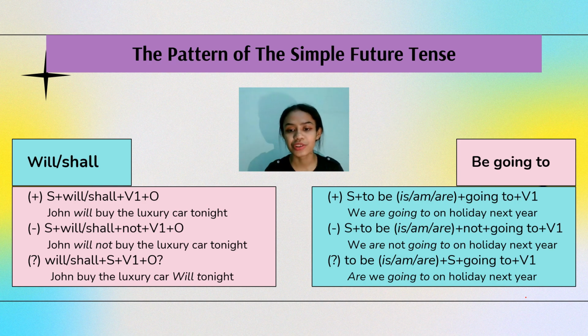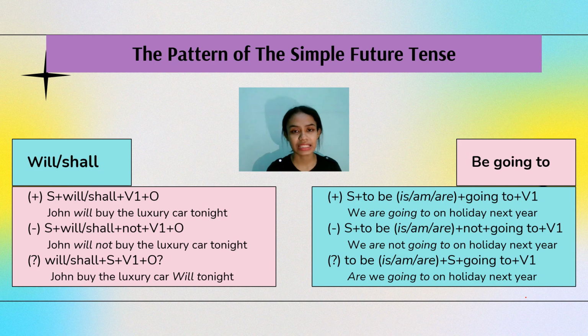And next, for be going to, the pattern is: affirmative sentence, subject plus to be (is, am, are) plus going to plus verb 1. Negative sentence, subject plus to be (is, am, are) plus not plus going to plus verb 1.